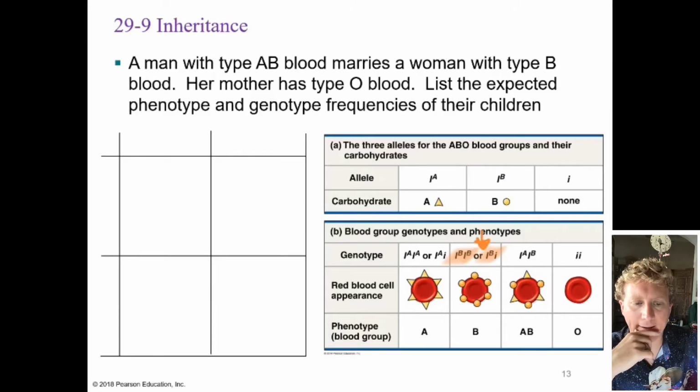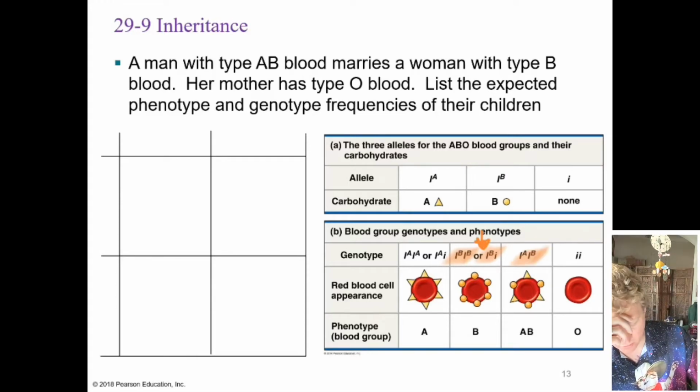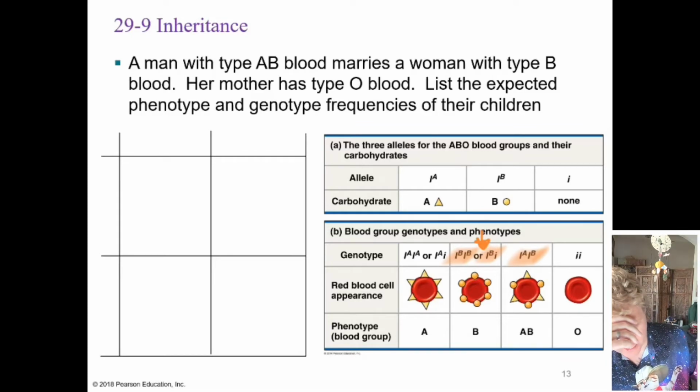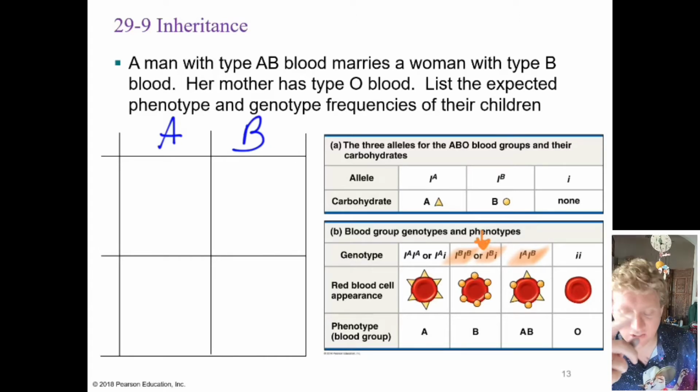Okay. If I've got AB, here's the codominance. Both are expressed equally. So I've got an equal number of A's and equal numbers of B's. We talked about this when we did the blood. Okay. So I've got dad, who is AB, and mom is B.